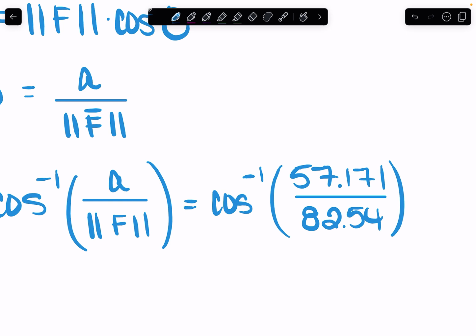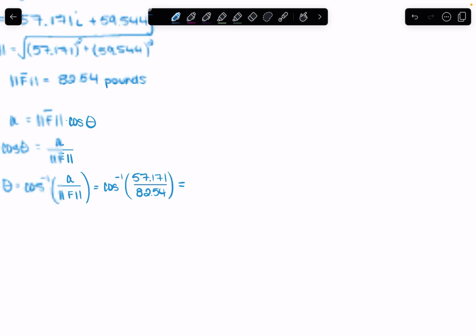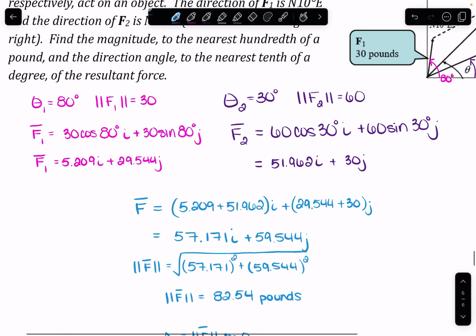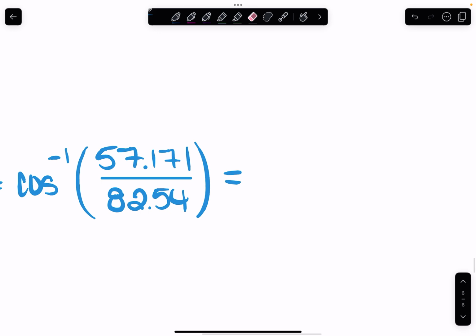Inverse cosine, not cosine, make sure it's got the -1 on there. 57.171 divided by 82.54. And we get a resulting angle of, I forgot how many decimal places it said. 1? Let's see, way back up here, to the nearest tenth of a degree. Okay. So the nearest tenth of a degree, it would be 46.2 degrees.